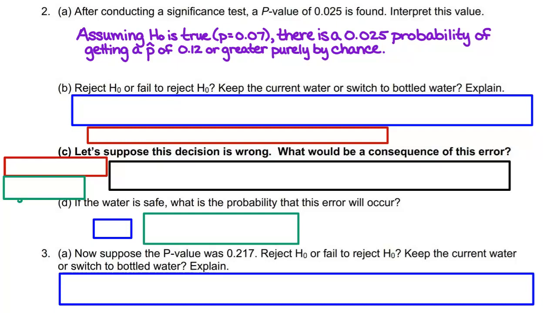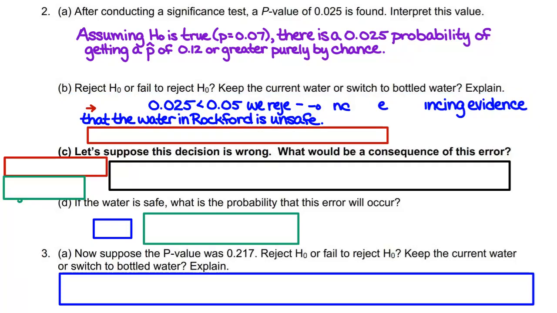So how would we state that? Because 0.025 is less than 0.05. We have convincing evidence that they should switch to bottled water, that the water is unsafe.